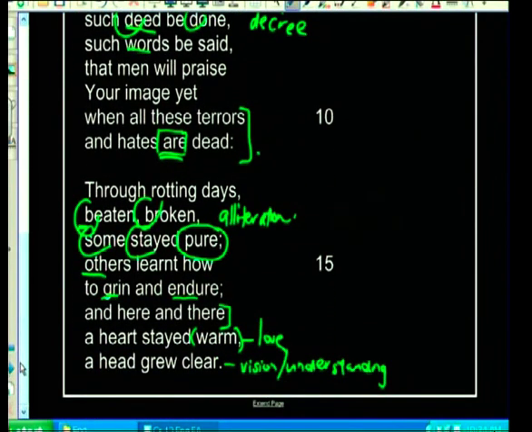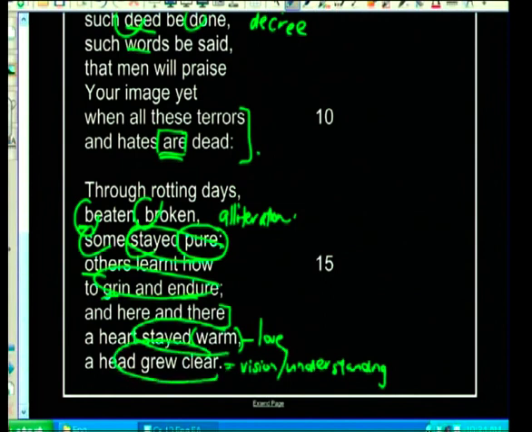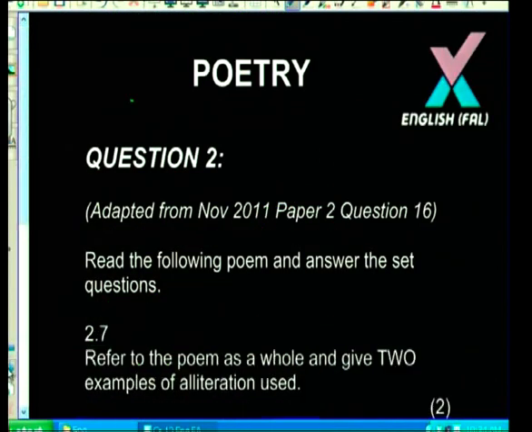You know that the 2 divisions are stanzas. So we have some stayed pure. Some were stoical and they grinned and endured. Some hearts were warm and some heads grew clear. And as you are answering those questions again, be sure that you're writing in full sentences.